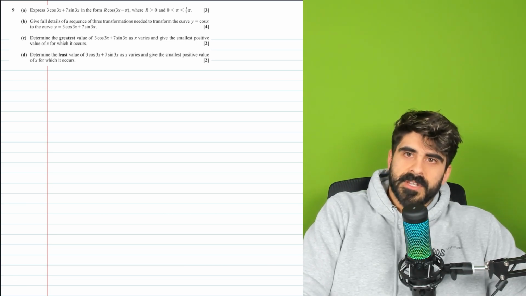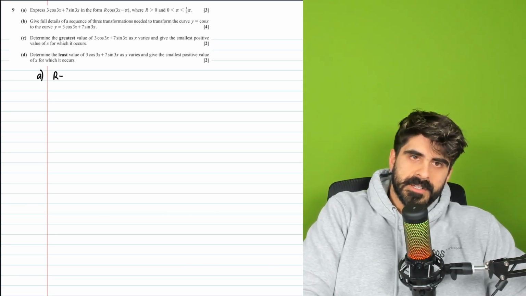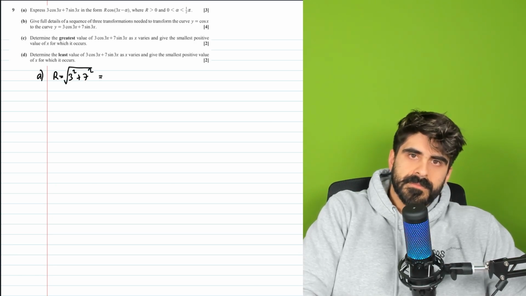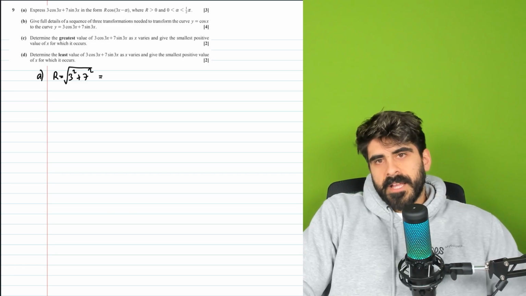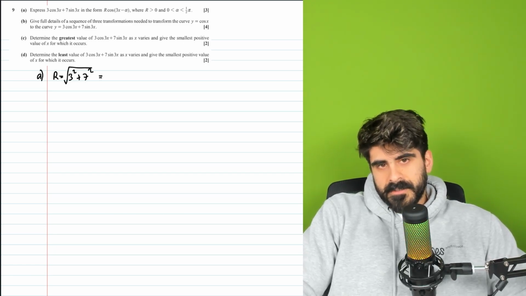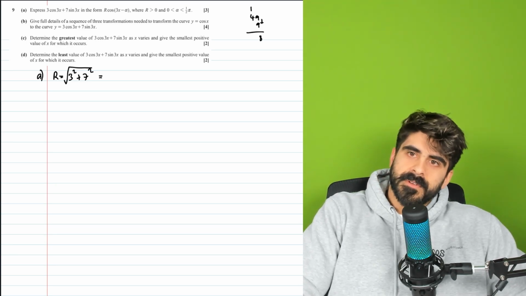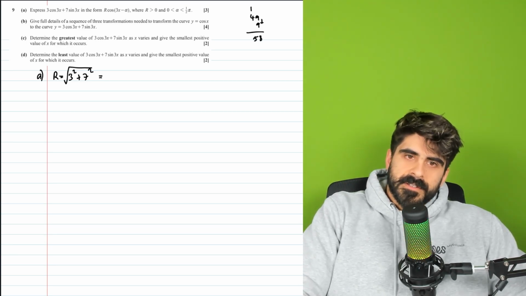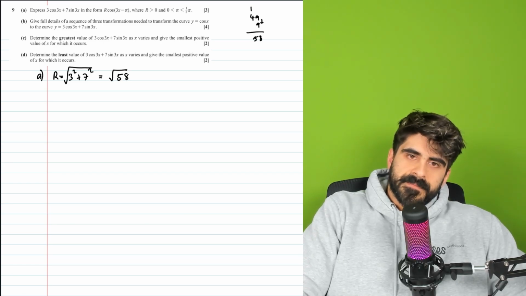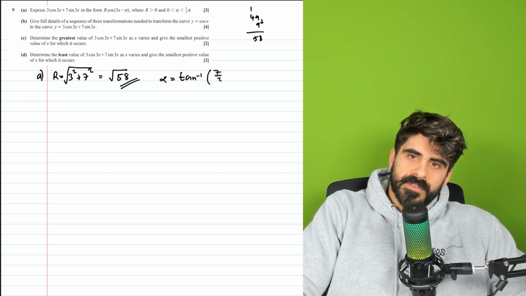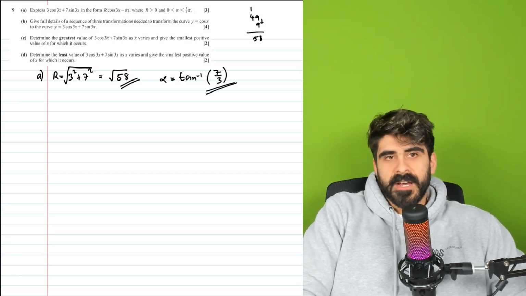Okay, so nice and simples. R is Pythagoras. They don't give what degree of accuracy they want. So root 58. And then alpha is inverse tan of 7/3. And unfortunately, I can't work that out.